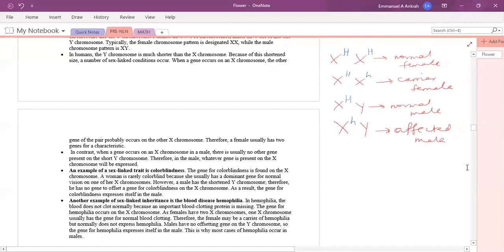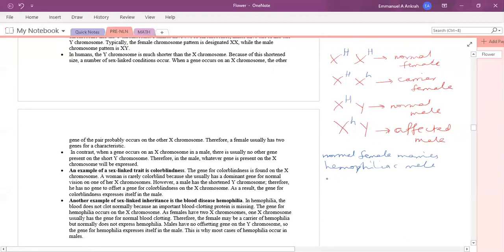So let's say a normal female marries a hemophiliac male.